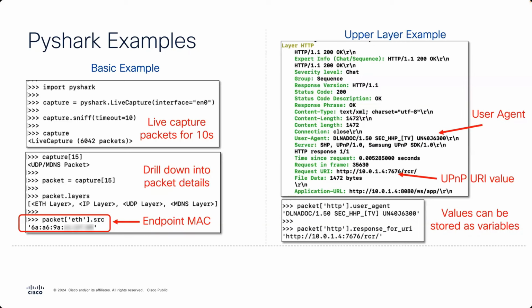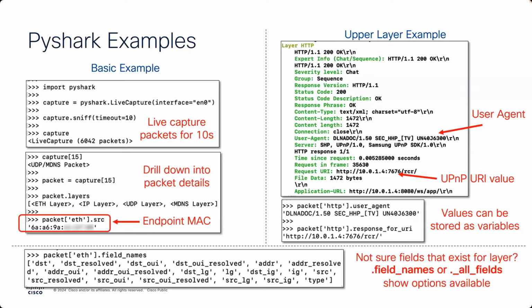And if you want to take the intermediate route of today's discussion, you can also use PyShark and learn more things available for each layer or different fields within it by using things like field names or all names when working within Python to learn more information and how I can extract more data from these packet analyzers.